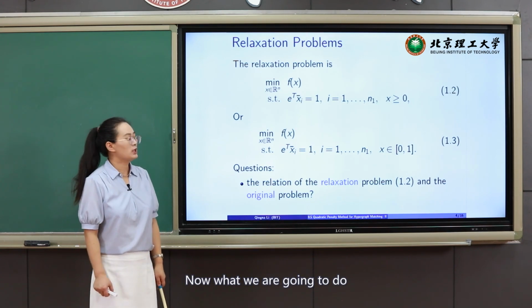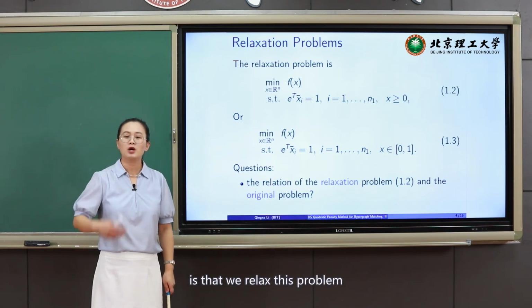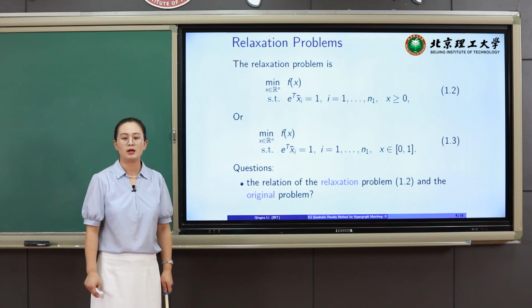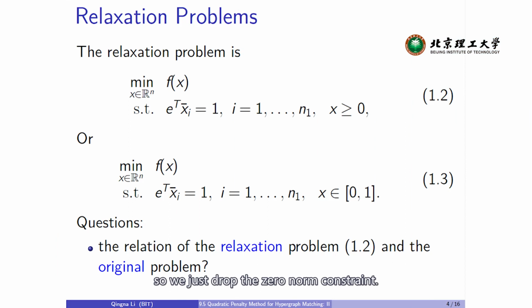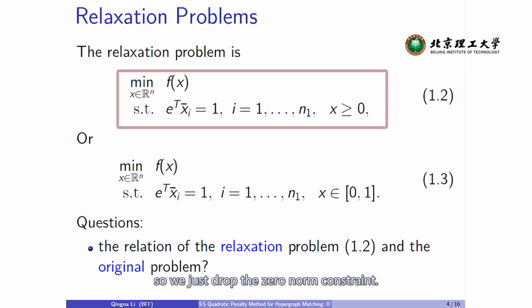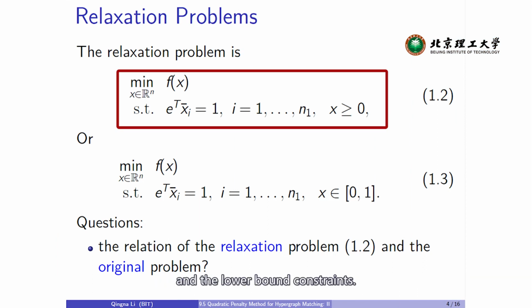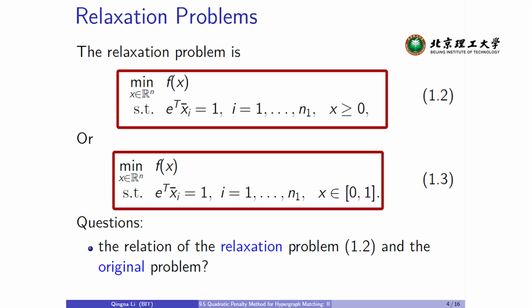Now, what we are going to do is relax this problem with respect to the 0 norm constraint. So we just drop the 0 norm constraint, and we get the following relaxation problem, with the equality constraints and the lower bound constraints. This relaxation problem is actually the same as the following one, where we add extra upper bound constraints, x is less than or equal to 1.